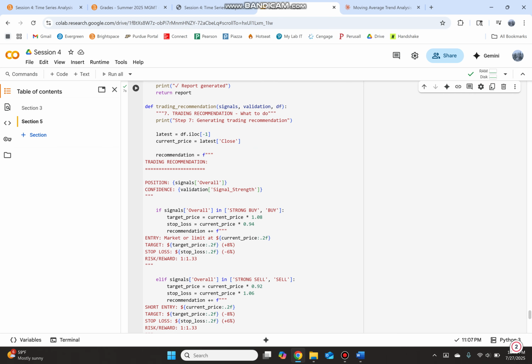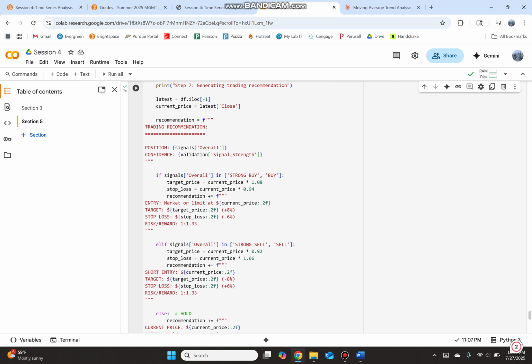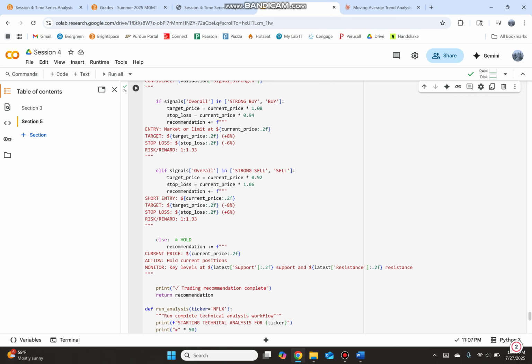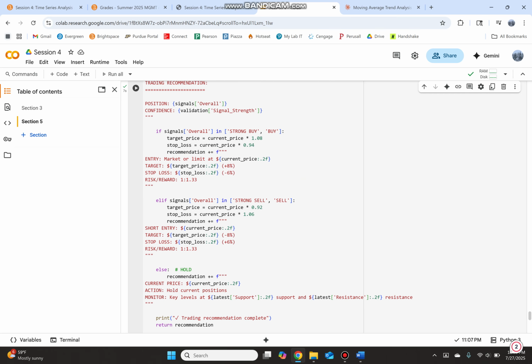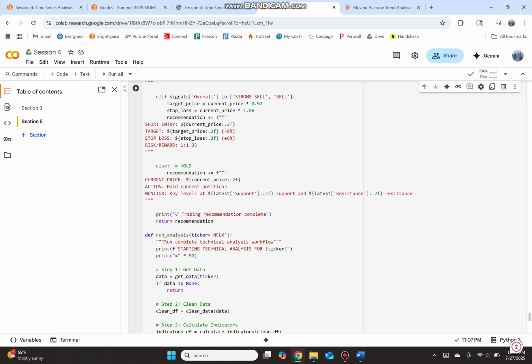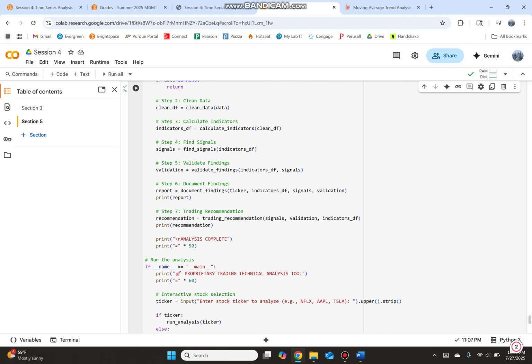If the signal overall is a strong buy, it gives a target price, what we want to sell it at, and then our stop loss if it gets too low, and our recommendation of what to do: enter at this price, our target, and our risk reward. And it does that for selling and holding too. If it's holding, it's just hold at the current price, don't buy or sell.